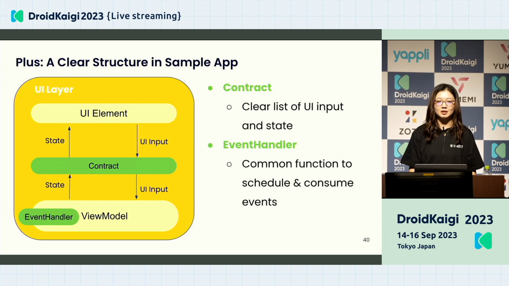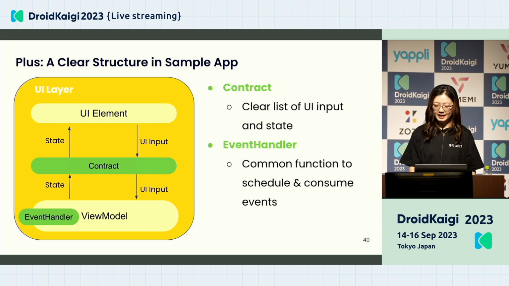And here I have a plus slide for my real sample app. It's a little different from the Google suggested architecture. My sample app also includes the contract and event handler to further clarify its architecture. The contract component contains a well-defined list of UI inputs and states through an interface, offering a clear structure for communication within the app.